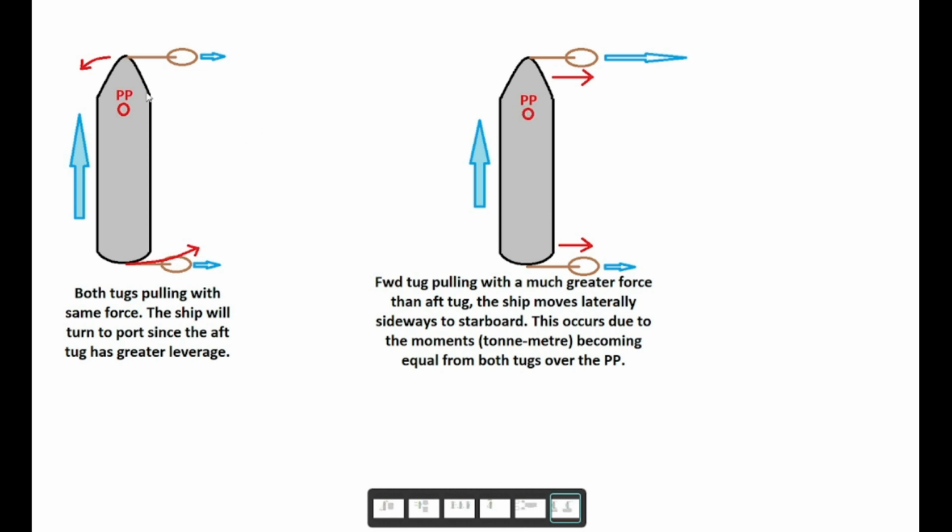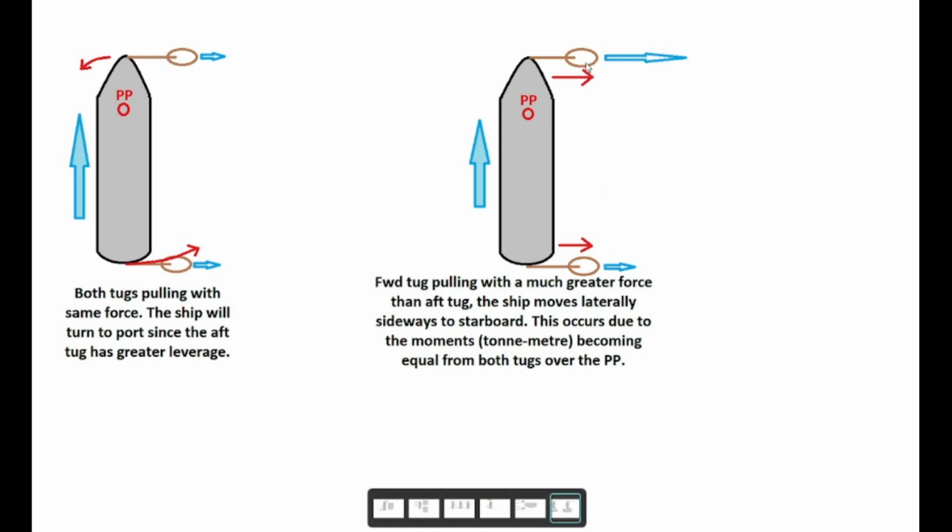So looking back to the example on the left here, they're both pulling at the exact same amount of force. However, the aft tug has got a greater distance, and so it has a greater moment, causing the turning effect. However, here, although the aft tug has a greater distance, it's using less power than the forward tug.